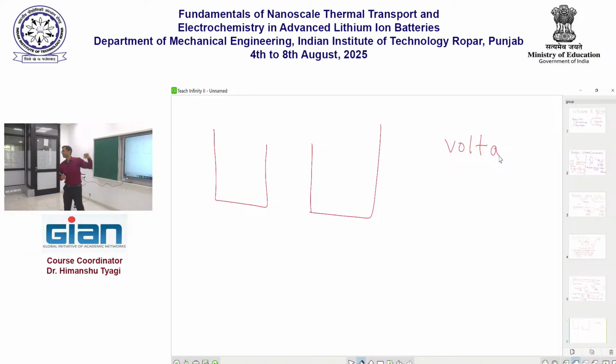I forget the exact date, but at least 300 years ago or something like that, right? A battery has an anode and a cathode.